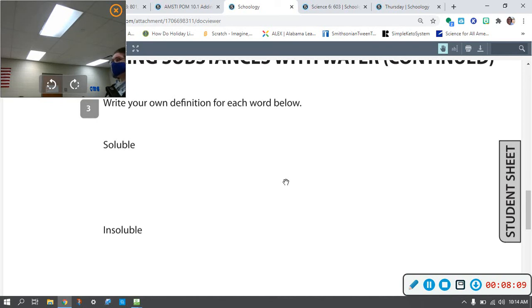Yeah, that something can dissolve in water or dissolve in anything. So, if soluble means that something will dissolve, what does insoluble mean? That it won't dissolve. Something will not dissolve.